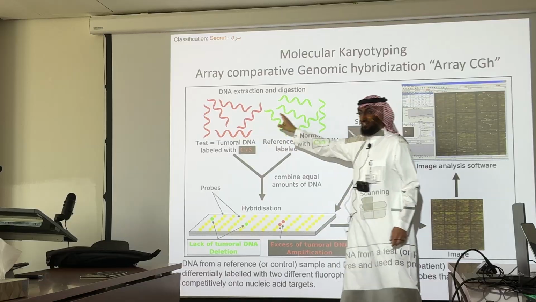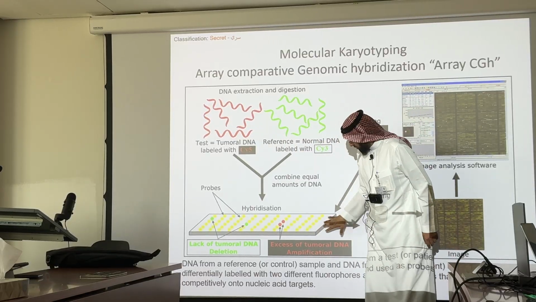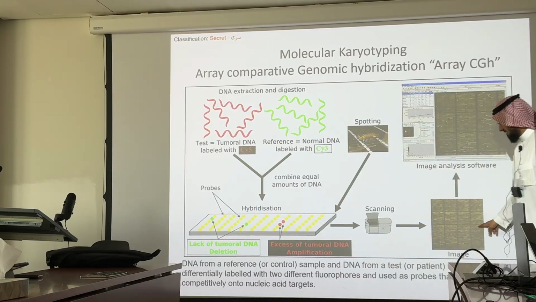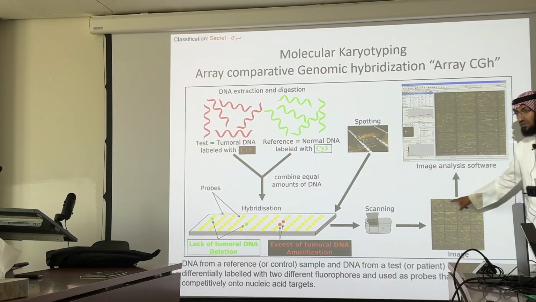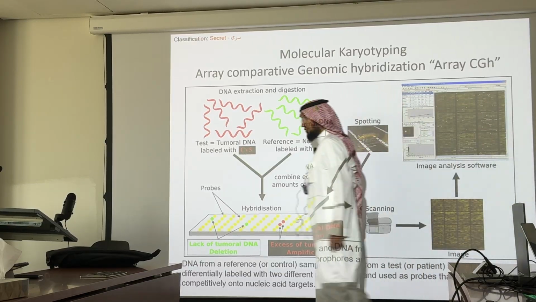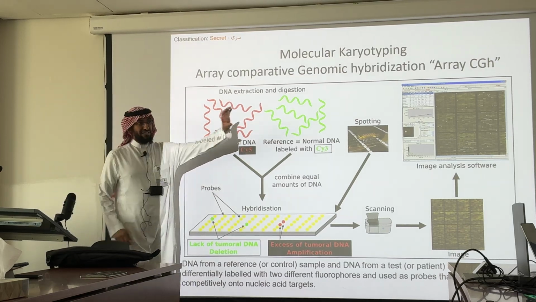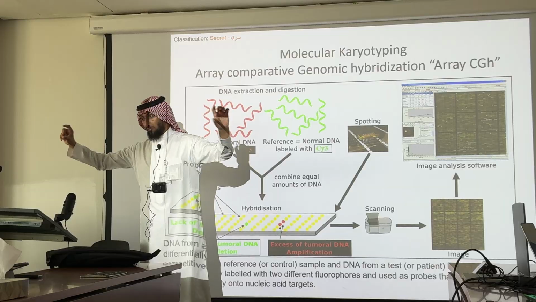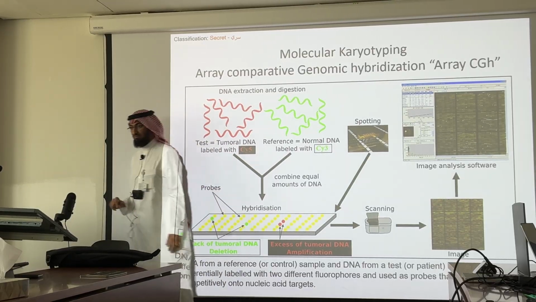The red outweighs the green, and you end up with red. You put the slide in the computer, and the analysis will tell you that we have a deletion in that segment. So you check the presence or absence of duplication or deletion in our chromosomes at the molecular level.